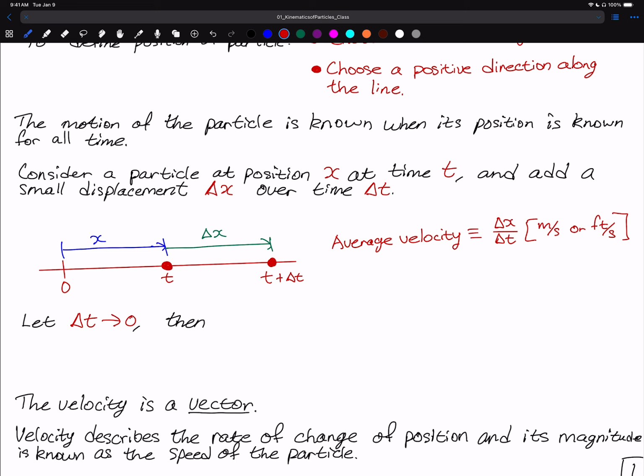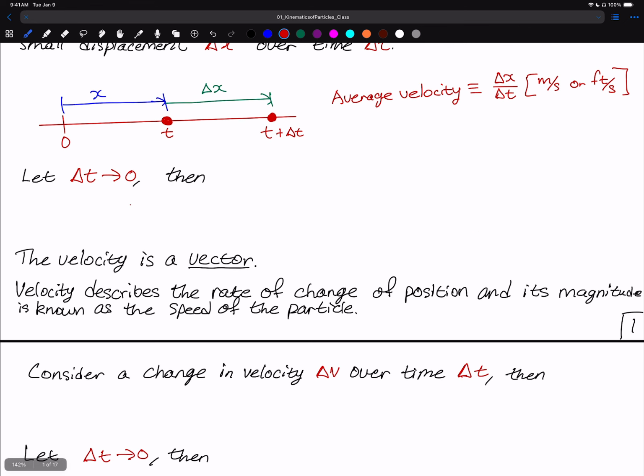Okay, let's let delta t go to 0, and then we'll take a limit. So in the limit, as delta t goes to 0, this delta x over delta t.